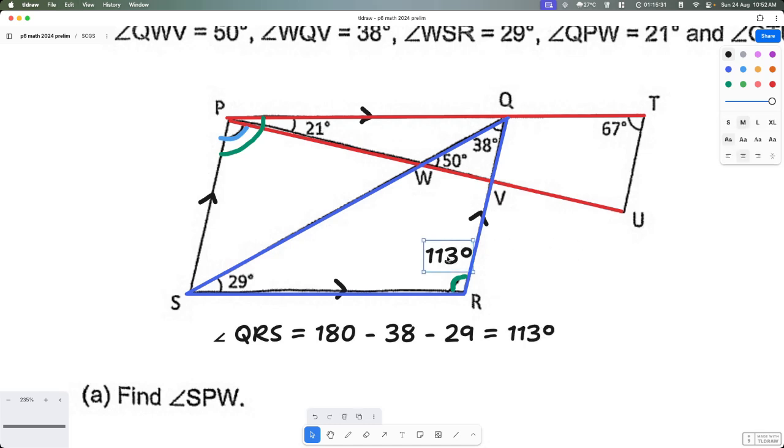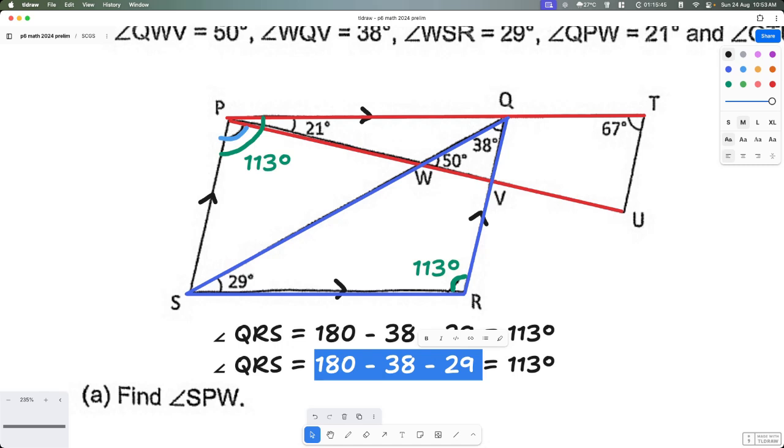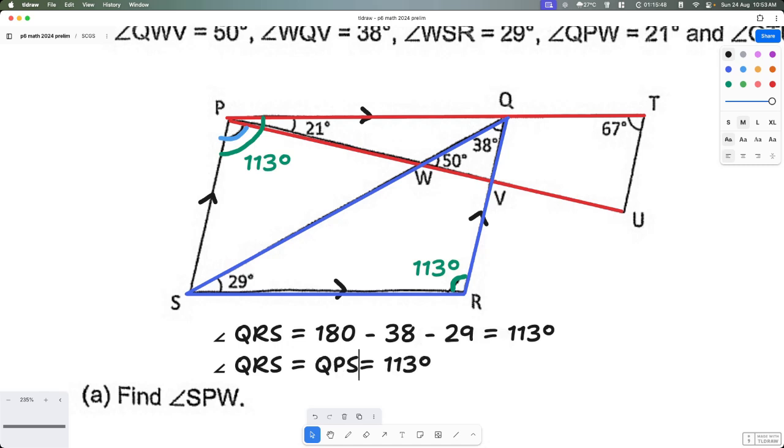Let's make this green. That means the opposite is also 113, this green color over here. So angle QRS is equal to angle QPS. Now we know that angle QPS is 113.